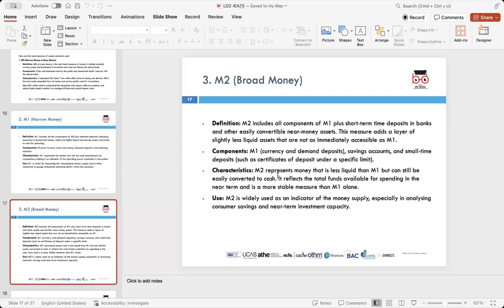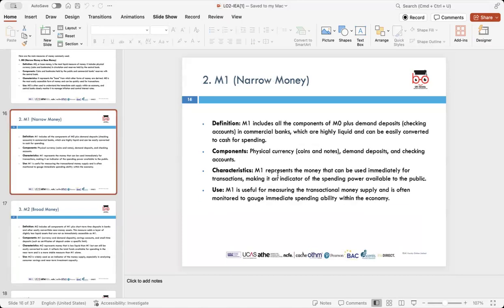On the other hand, a decline in M2 may indicate that money is being withdrawn from savings, which could slow down economic activity. Because M2 includes money that is saved rather than immediately spent, it is a more stable indicator of the money supply and near-term investment trends compared to M1 or narrow money.